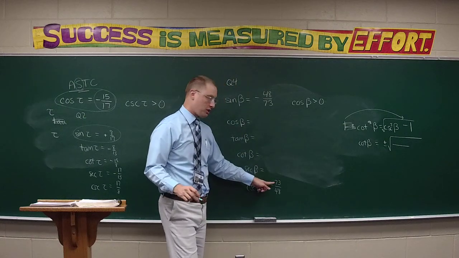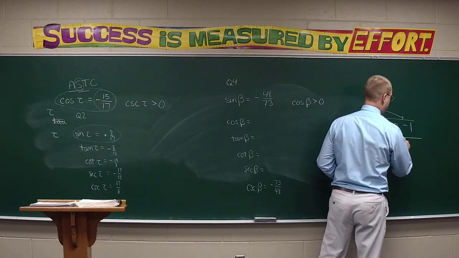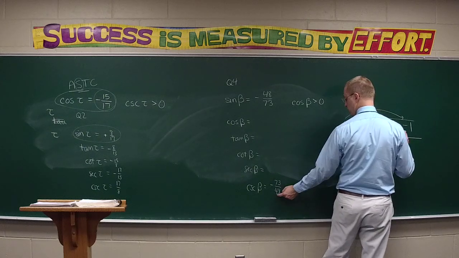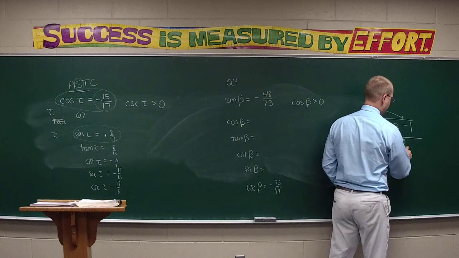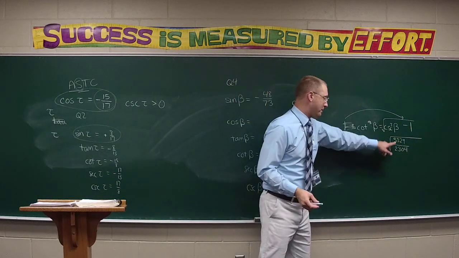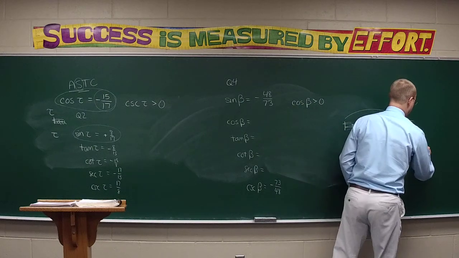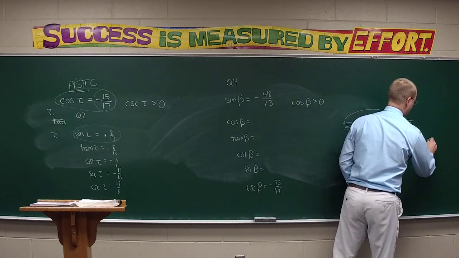Let's square the 73: 5,329. And let's square the 48: 2,304. You might say that's negative, but remember, when I square, it becomes positive anyway. How should I rewrite my 1? 2,304 over 2,304.